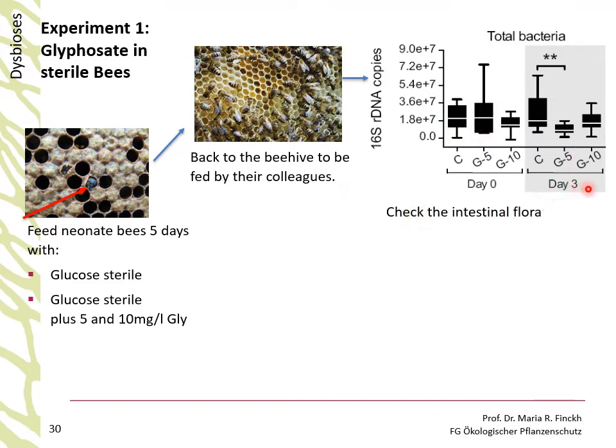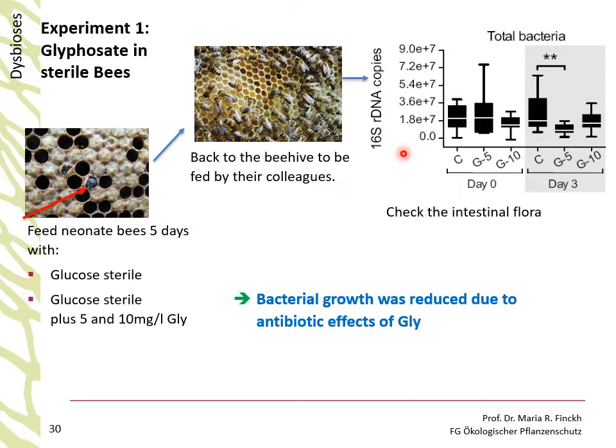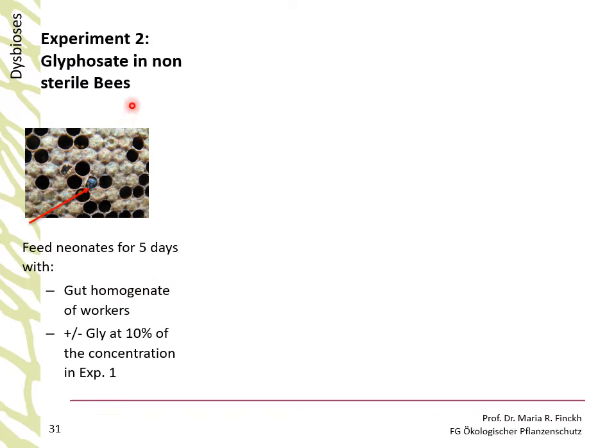Then after 3 days in the beehive, 3 days being fed by their partners, the control group had significantly more bacteria than the group that got 5 milligrams of glyphosate per liter, but not the group that got 10 milligrams of glyphosate per liter. So there was some effect, but not totally clear. There was some reduction of bacterial growth, but it was variable, due to antibiotic effects of glyphosate, was the conclusion.